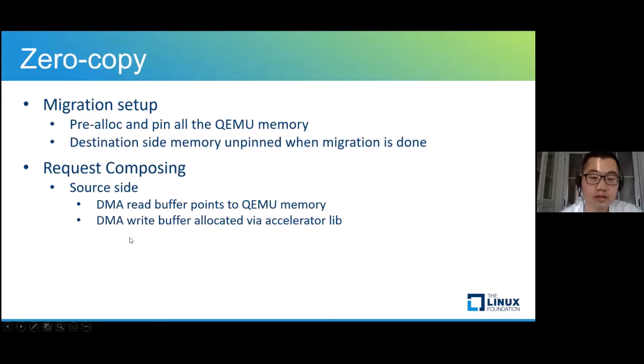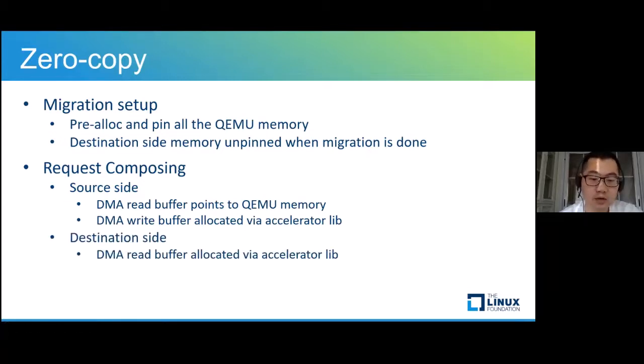And the DMA write buffer is allocated by the library, for example, the QAT library. When the compression is done, the data are DMA written to the buffer. And on the destination side, the DMA read buffer is allocated by the library.